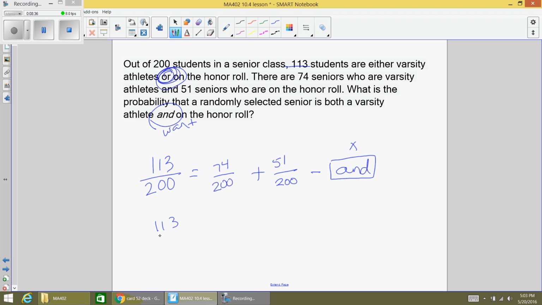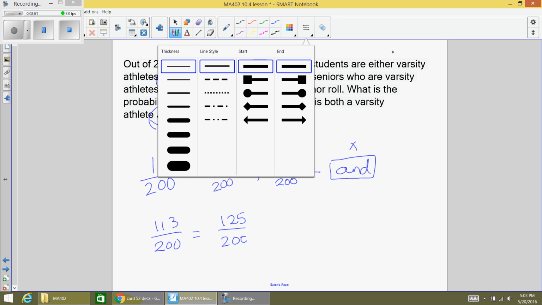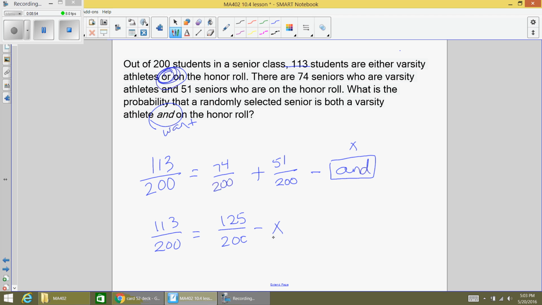I have 113 over 200 equals 125 over 200 minus x. Okay, now I want the x alone, so I'm going to go ahead and subtract 125 over 200.